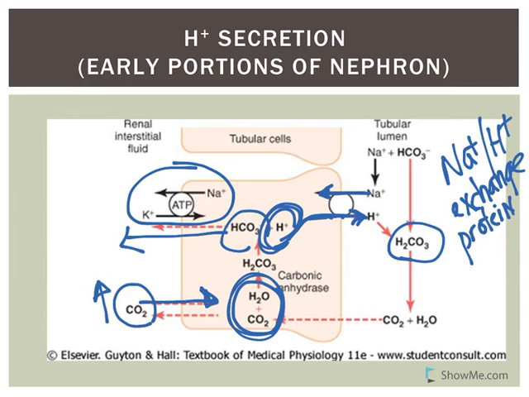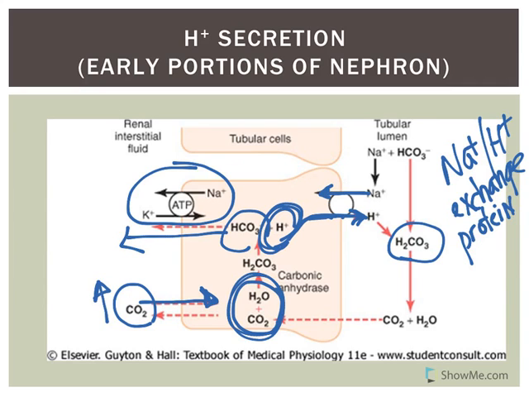Now, if I have metabolic acidosis, the hydrogen ions combine with bicarb in your blood, and that forms carbonic acid, and then that dissociates into CO2 and water. What's going to happen is you're going to have less bicarbonate being filtered because it's being tied up in your blood.